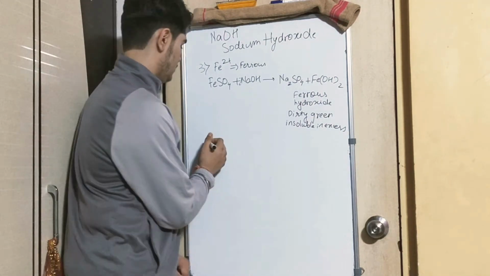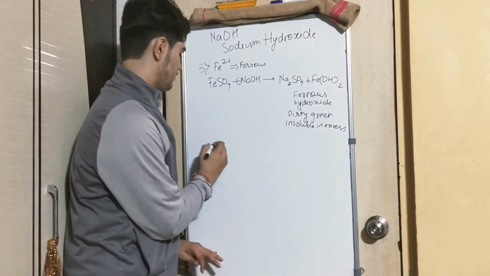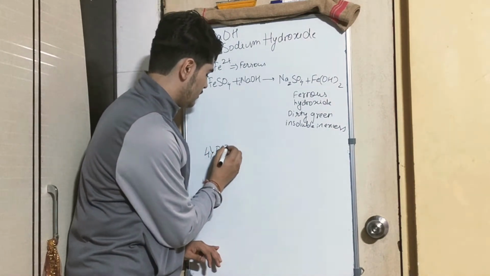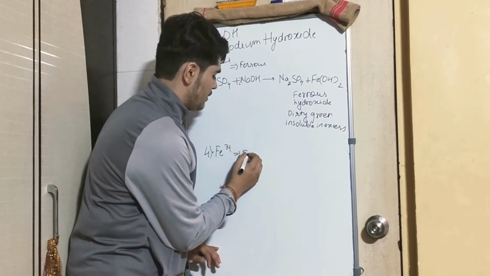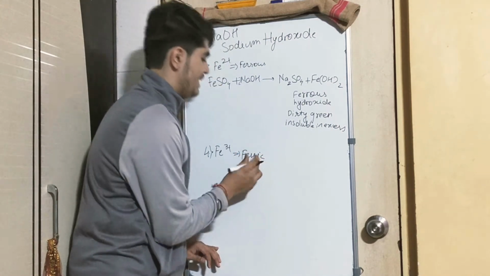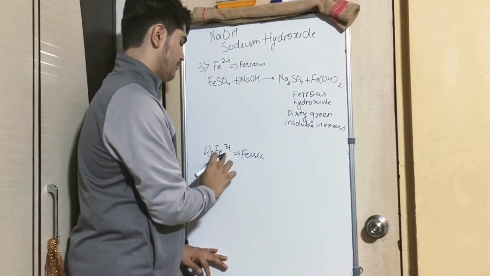Now the fourth reaction is with Fe3 plus ion, which is ferric ion, not ferrous. Ferrous is Fe2 plus, Fe3 plus is ferric.